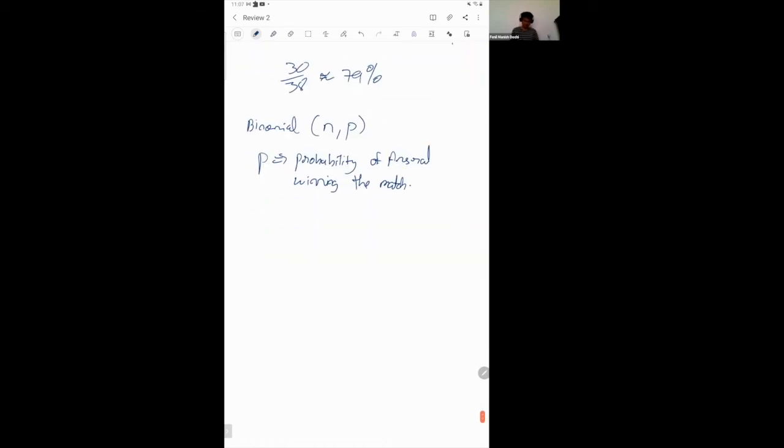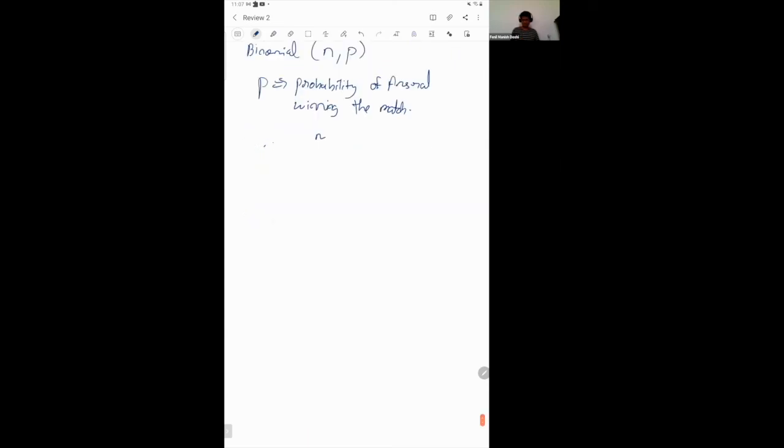And we know then p of x, the probability that k out of n matches were won by Arsenal, is nothing but n c k p to the k, 1 minus p to the n minus k.